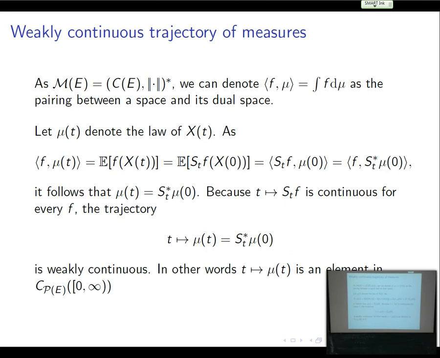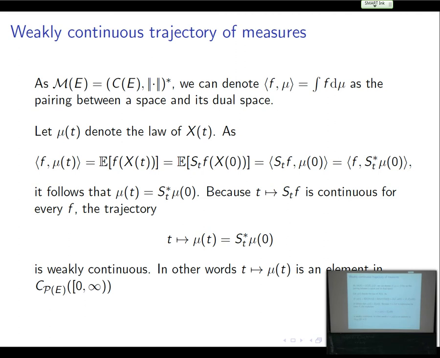In a general setting, I do not know much about my spaces. So I want to come up with a definition of absolute continuity that depends on my process. So I have this generator A, and I want to use this generator A to cook up a definition of absolute continuity. So that's what I want to look at.